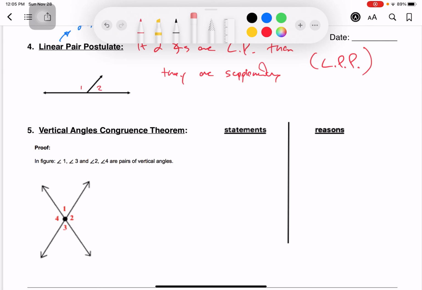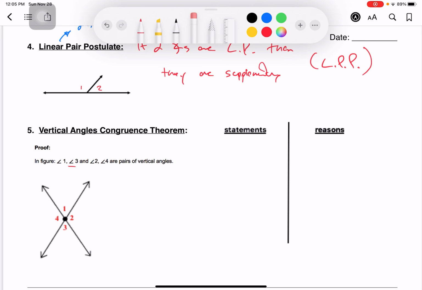So just to visualize this, let's take 1 and 3. These are vertical angles as stated. So this side is an opposing ray with this side, and this side is an opposing ray with this side. That's how that works.